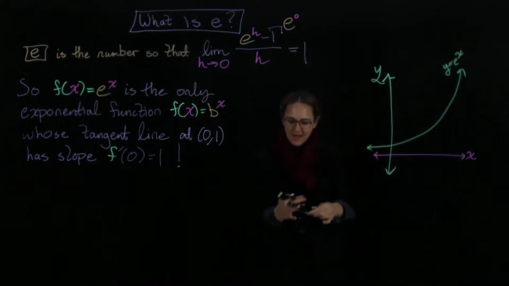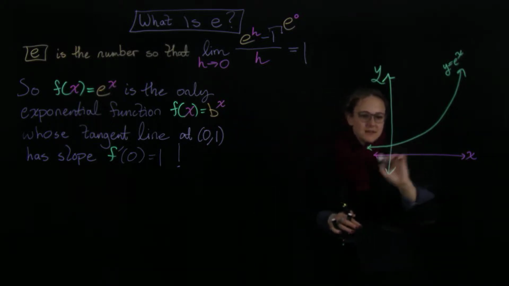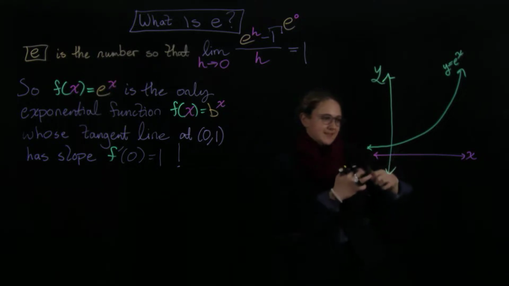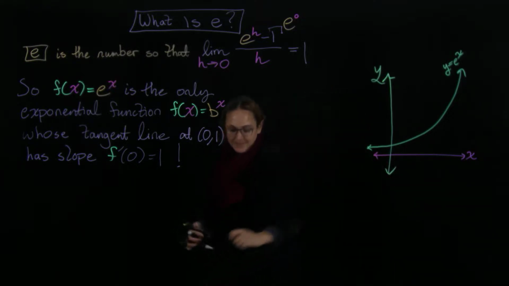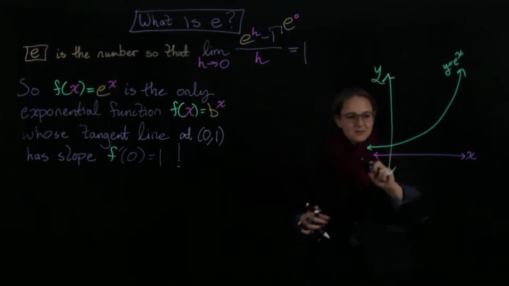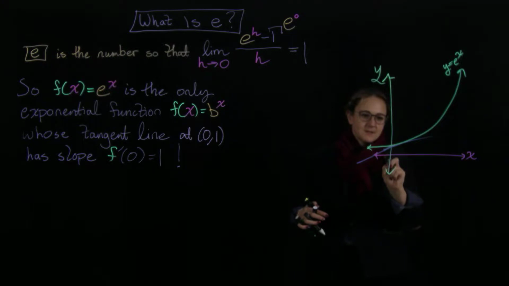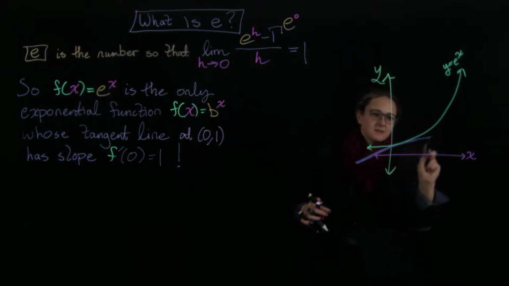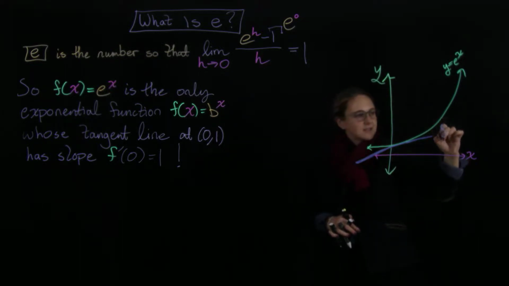And then if I look at 0, 1, right here, I didn't draw it exactly as would make this as clear, but we'll live with it. So at 0, 1, there we go, just make it a little bit like that. The slope of this is going to equal 1.